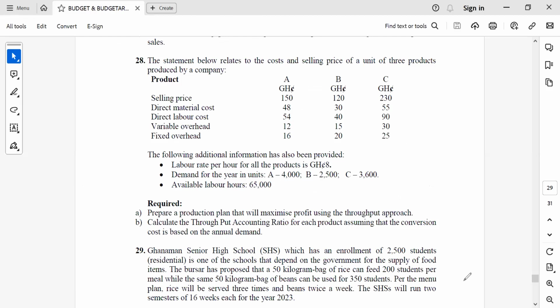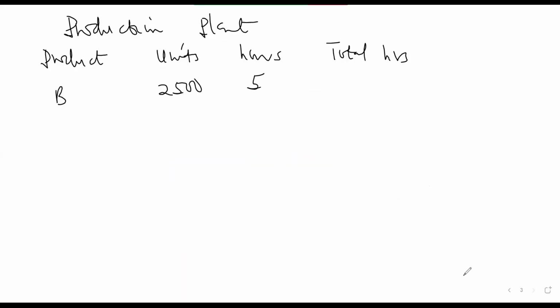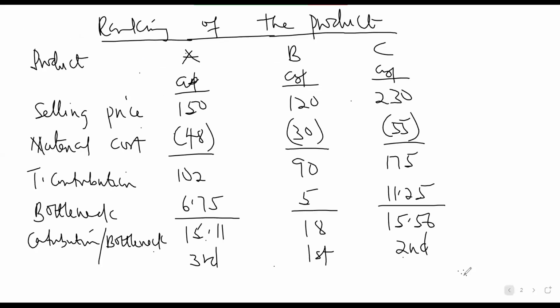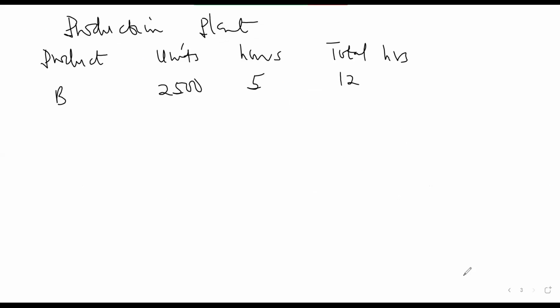Okay, we are producing 2,500 and we are using 5 hours for each, is it 5 hours? So what will be the total hours? 12,500. Are we there? Yes. Okay. Be confirming the figures for me.